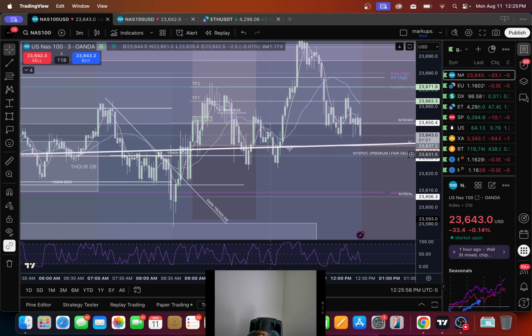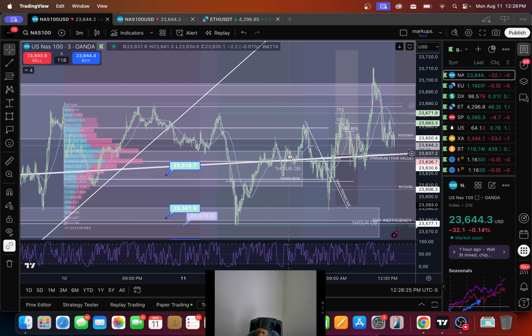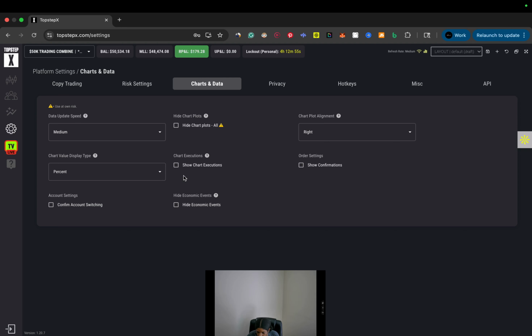Just to show where the executions were today.